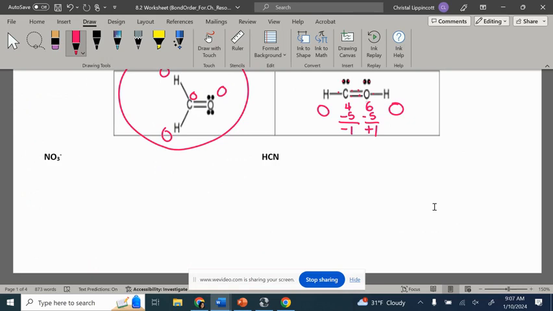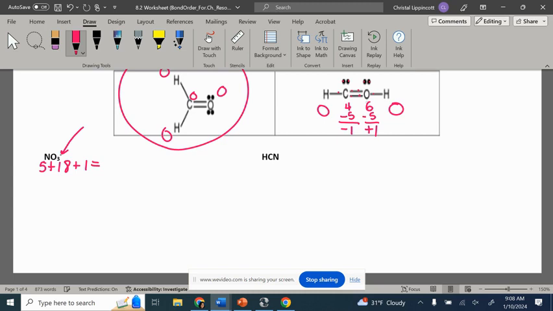So let's talk about valence electrons with these minus charges. Nitrogen has 5 valence electrons. Each oxygen has 6, but we have how many of them? 3, so that's 18. And then because this has a negative charge, that's going to add in an extra electron.